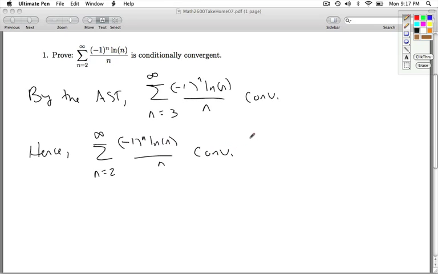Another way to say it is as long as these conditions are met from some point on. So from some point on, the sequence is decreasing. In other words, as long as the tail of the sequence is decreasing, then you're fine. So that shows that the series as given is convergent.